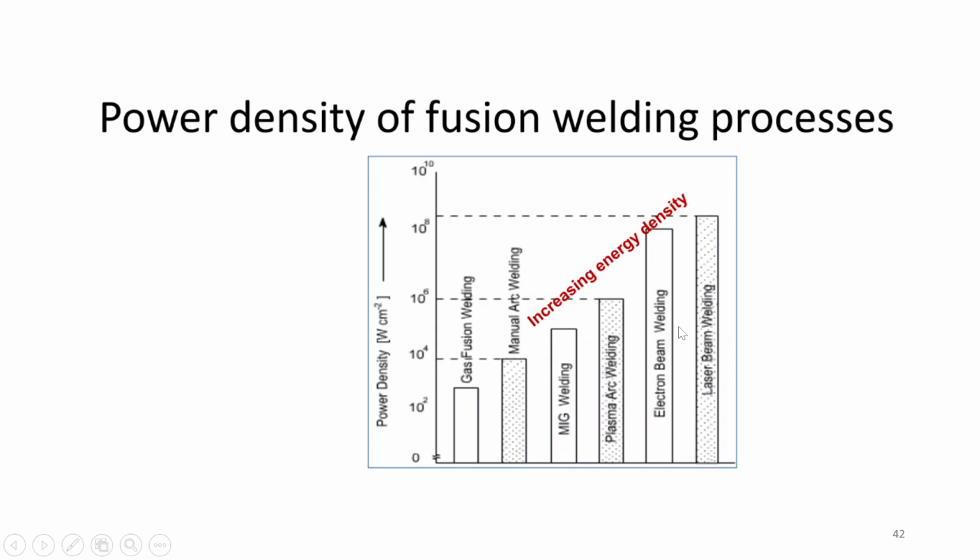As you keep going to this side, the concentration of heat at the particular spot will be higher, so the density becomes very high. Because of that you require very little time for heating that particular part, and the depth of penetration also goes down compared to the initial processes. So the heat affected zone will be very small in the case of laser beam welding and electron beam welding.